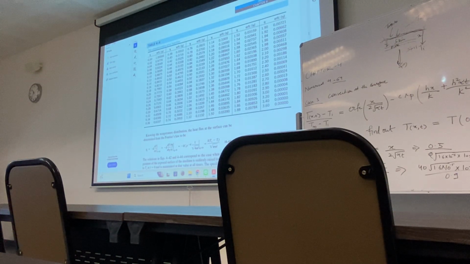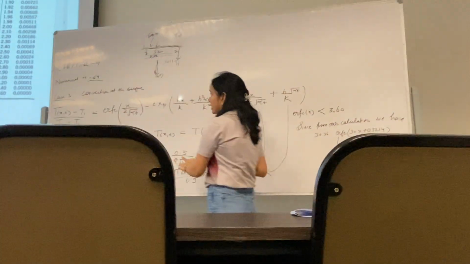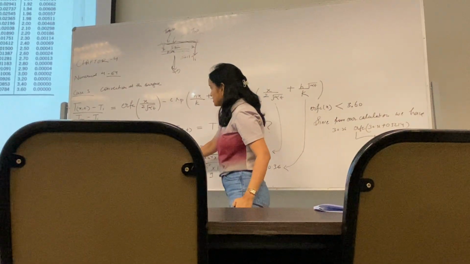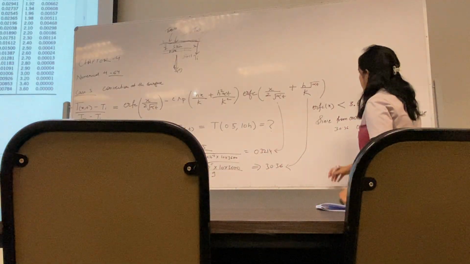This is 0, this is 0, this is 0, we have only this. I will only solve for this from here to here. Okay. So I will solve for this.